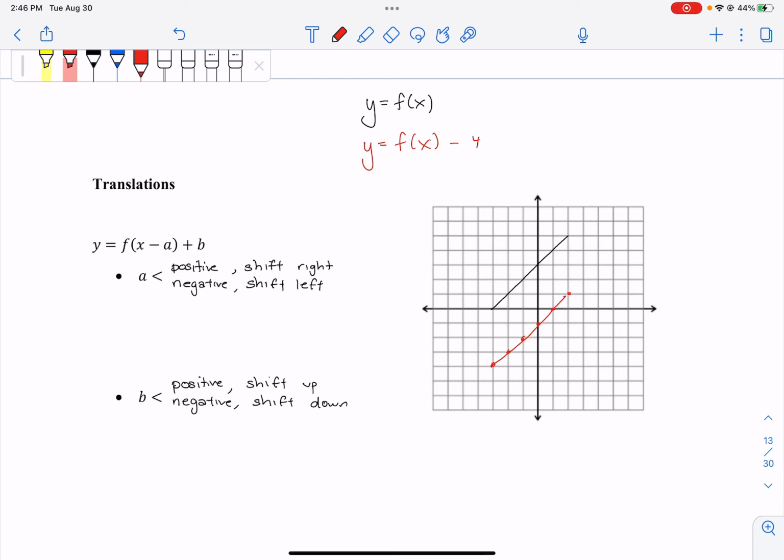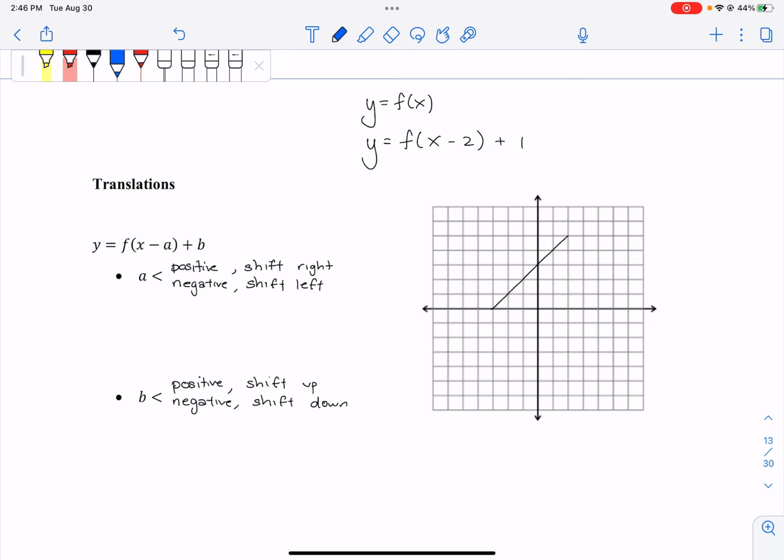And we can combine the a's and the b's together. So let's say this is my original function, f of x. What if I did y is equal to f of x minus 2 plus 1? This means, because this is positive, I go 2 to the right and 1 up.